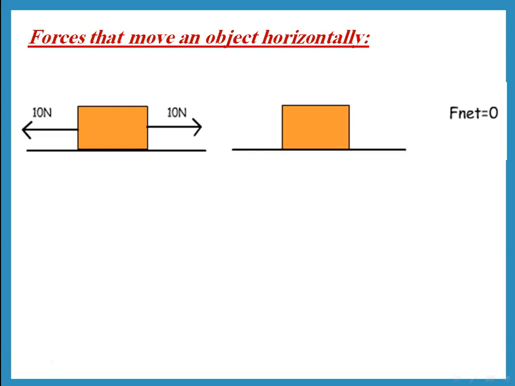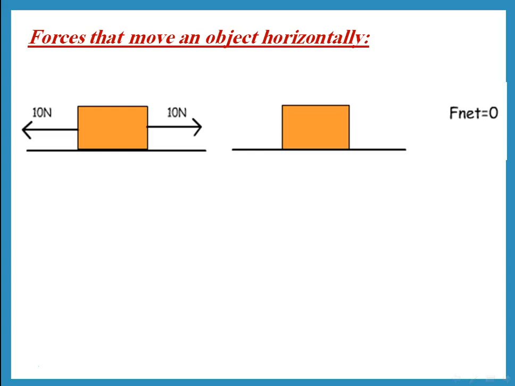Okay, now forces that are horizontal can either be opposing to each other or in the same direction. Now, if we have an object that is sitting there, stationary, and there are two opposing forces in opposite directions, and they are equal, that means that the object will have no net force on it.